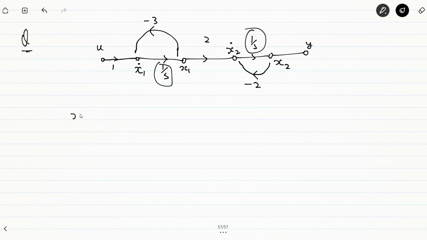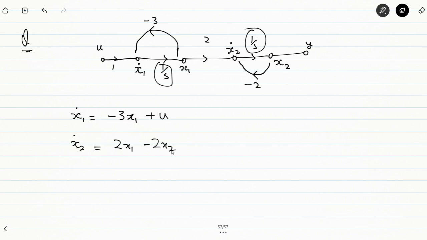So simply we can write x1 dot is equal to minus 3 times x1 plus 1 times u, and x2 dot is nothing but minus 2 times x2 plus 2 times x1, first minus 2 times x2.